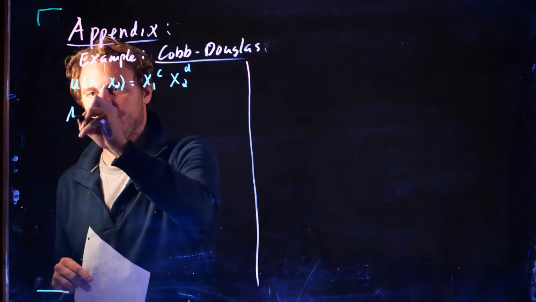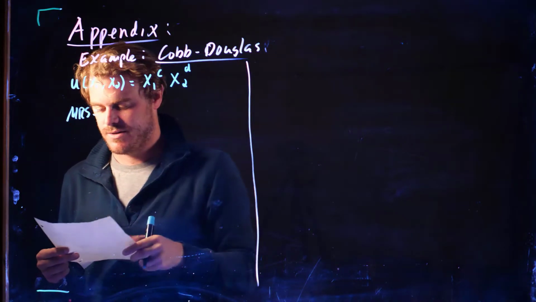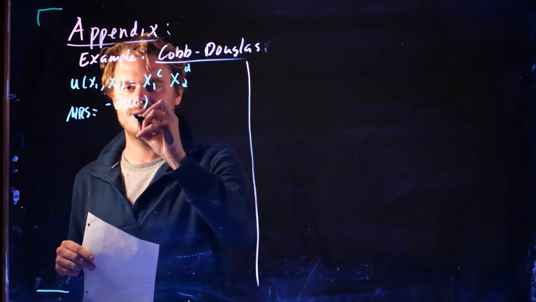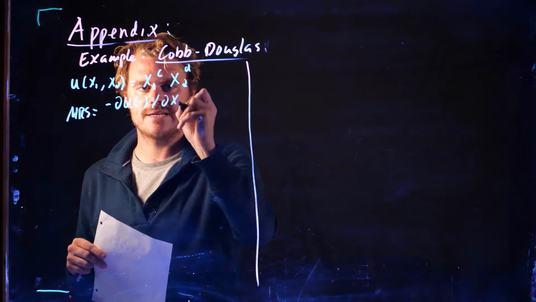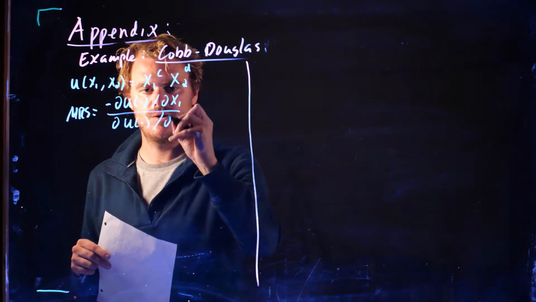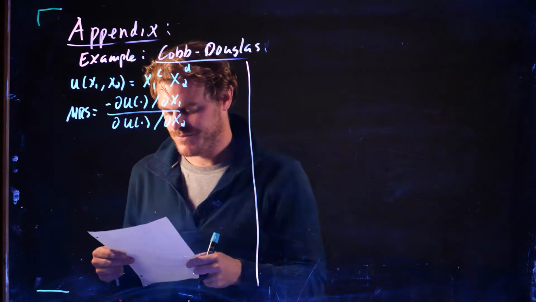And we can calculate the marginal rate of substitution, and that's minus the derivative of this utility function with respect to x1 over the derivative of this utility function with respect to x2.